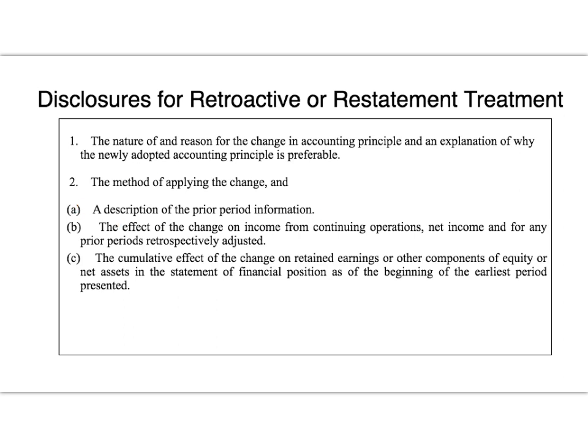Description, prior information, the effect of change on the income from continuing operations, net income, and then for any prior periods that were adjusted. And then the cumulative effect of change on retained earnings and other components of equity or net assets. Net assets is for not-for-profits in the statement of financial position at the beginning of the earliest year that we're presenting.